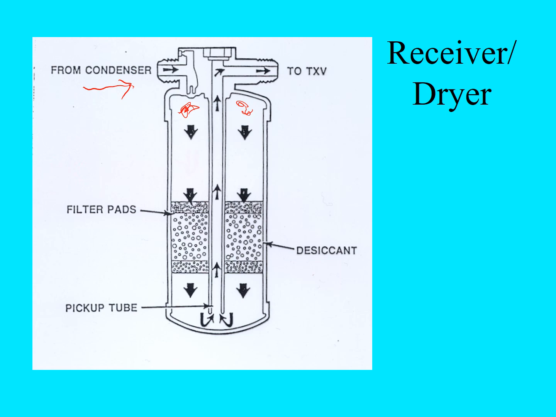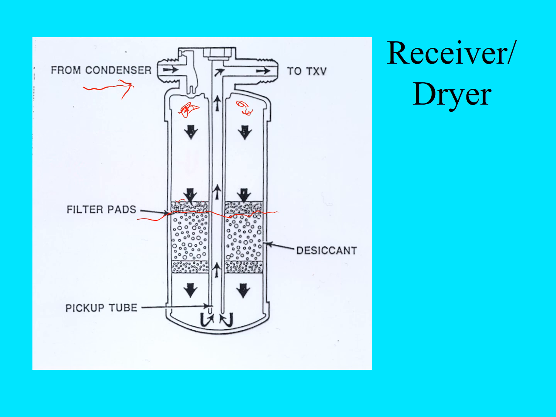There are some filter pads here, and that's to catch any debris that may have come from the manufacturing process. That's about the only time anything would get in there, unless we're having a compressor failure, which means we could find little Teflon rings off of the compressor piston getting trapped in here. That's so we don't plug up the TXV valve.